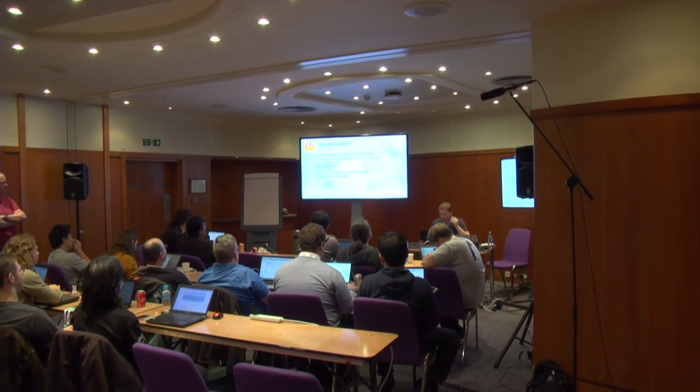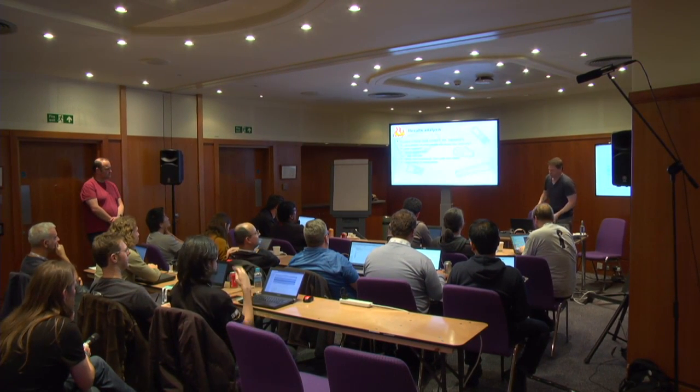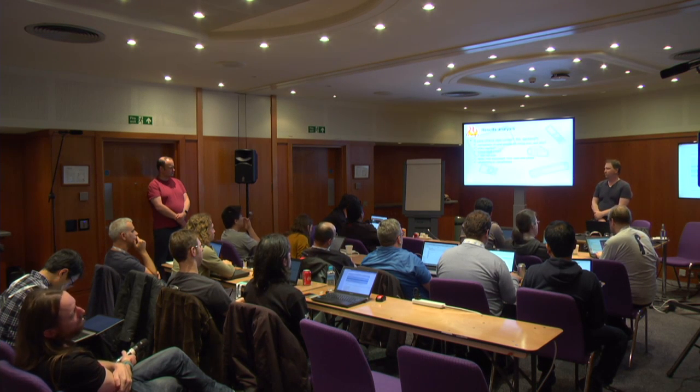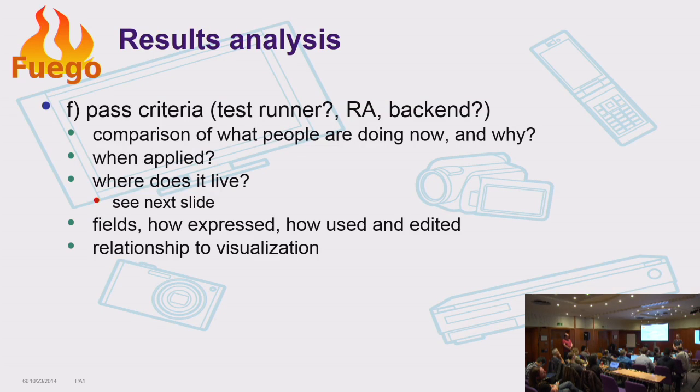Right. So I think this is where we were. One of the obvious things that we're looking for in this output format and output log is the basic pass-fail type stuff, right? The big question that Tim and I were having, especially because Fuego does this differently than some other systems, is basically where you store it. Where should the criteria for pass and fail of a test live? Obviously, some tests are very simple. They can detect themselves whether they pass or fail, and they report that themselves. That's the easy case.